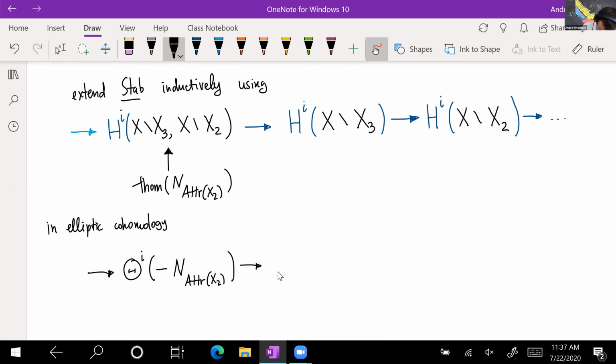Remember that usually cohomology groups are modules over a ring. So in elliptic cohomology, they become sheaves on the spectrum of elliptic cohomology. So we take the structure sheaf. It's a graded sheaf, graded by degree of cohomology. And so this is elliptic T-graded cohomology of X minus X3, and then this goes to elliptic cohomology of X minus X2, and so forth.